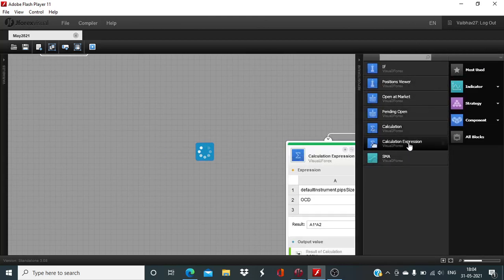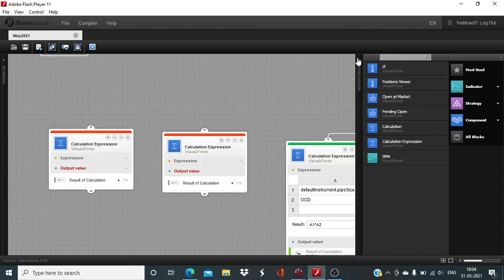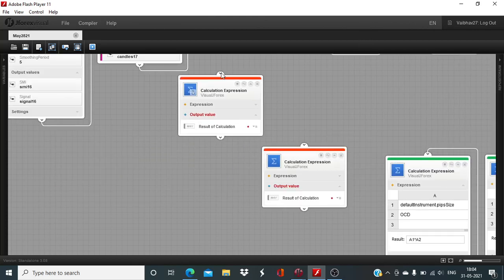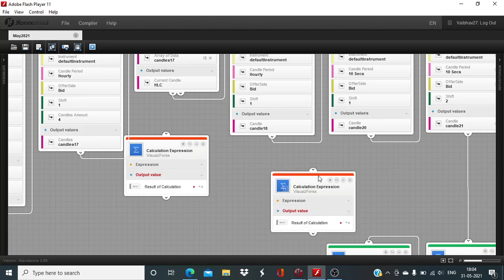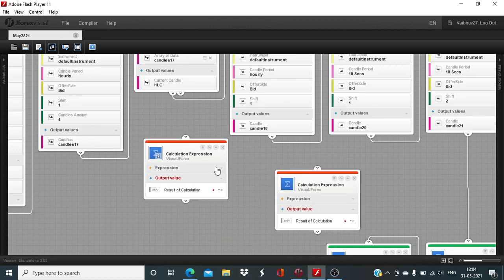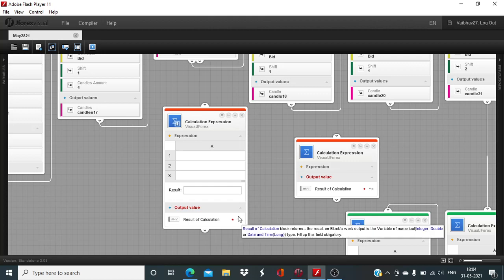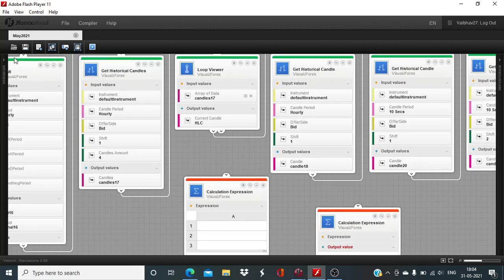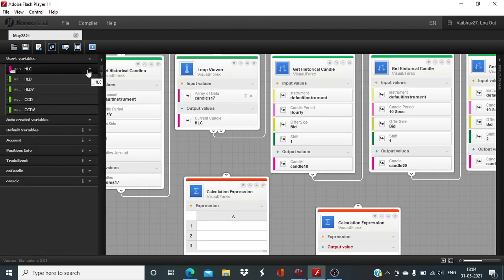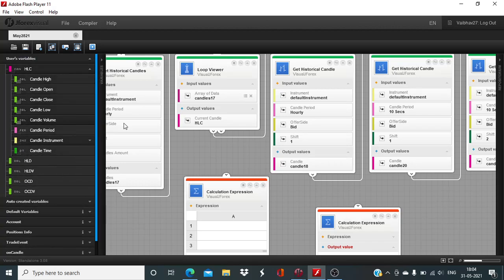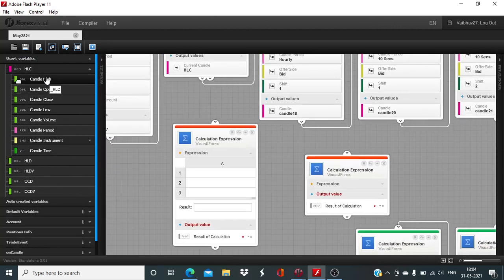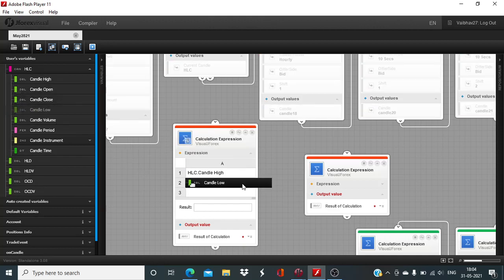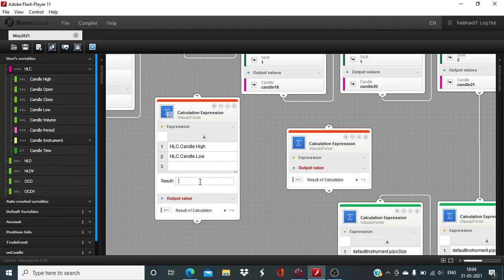We will need 2 of these blocks. A1 minus A2.